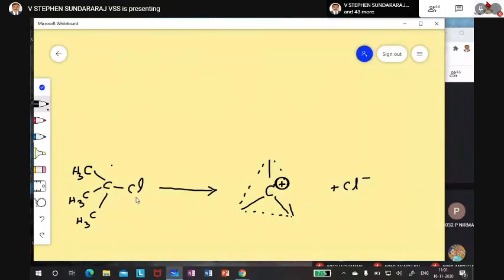One side has nucleophile repulsion, the other side has steric repulsion. One side is electrostatic repulsion, the minus repulsion. So it has to wait for the breaking, and here carbocation will form because the C-Cl bond is polar.